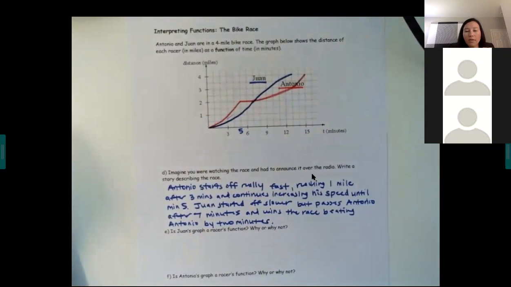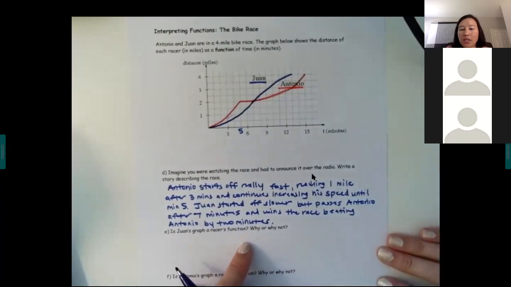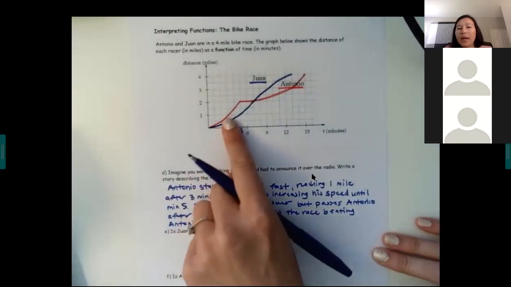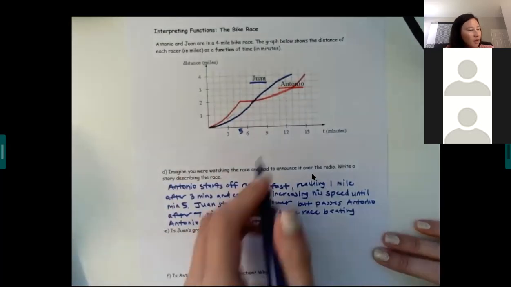Any questions about reading and kind of interpreting the graph? No. Okay, good. So is Juan's graph a racer's function? Why or why not? So that's just asking, can his graph represent that of a racer?